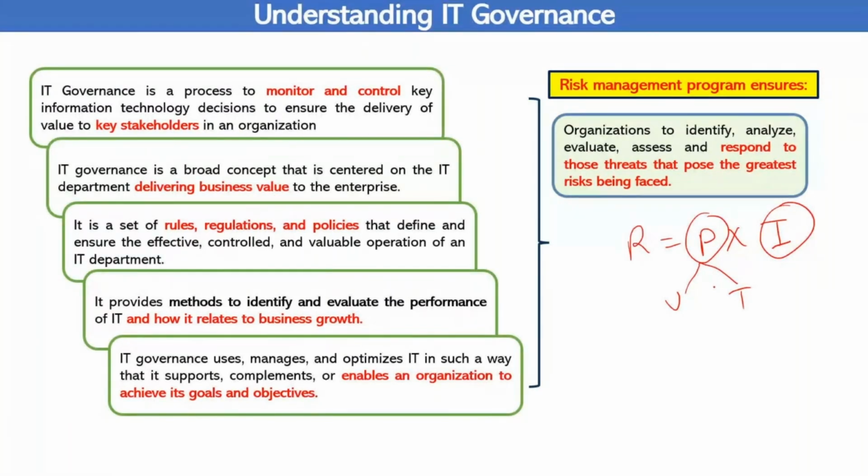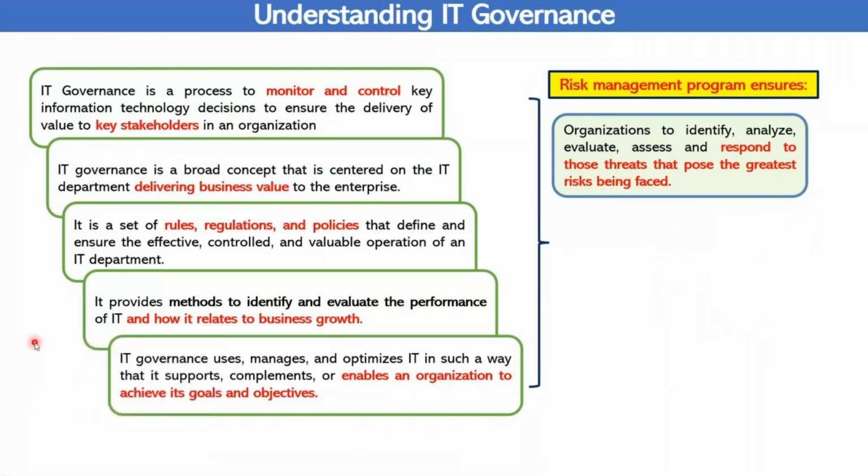For example, there might be a risk with the core server in which antivirus is not updated. That vulnerability means weakness, and the threat is if that weakness is exploited. So what is the probability of the weakness being exploited, into impact, the consequences. So the simple formula to calculate risk is probability into impact.